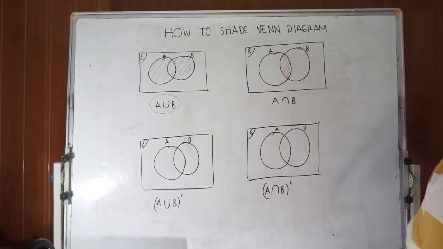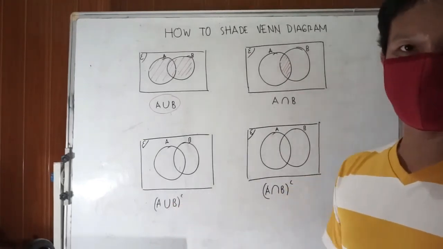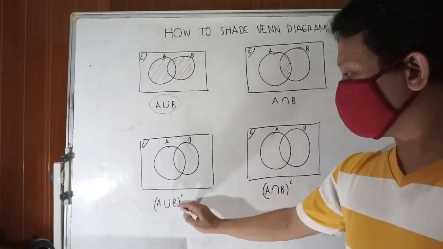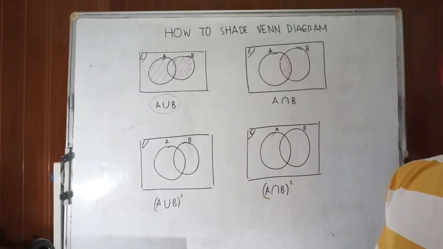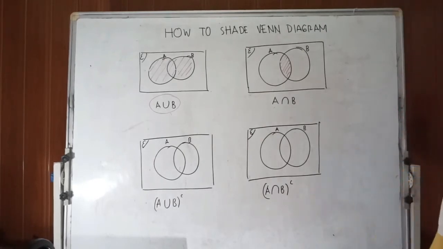Okay, go to number 3. A union B complement. Okay, everyone, I want to explain first what a complement is.